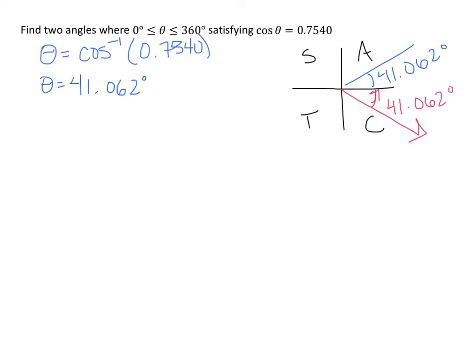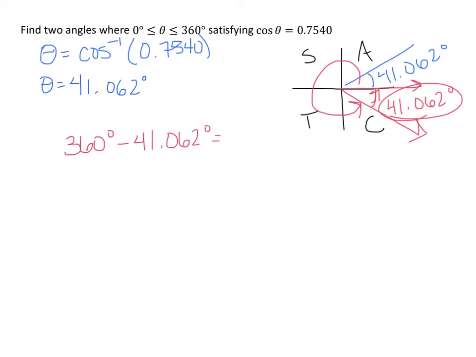So now what I'm looking for is an angle that starts on the positive x-axis and rotates all the way through, less 41.062 degrees. In order to get that value, I'll take 360 degrees and subtract out 41.062 degrees.